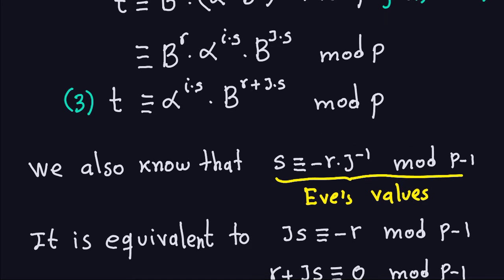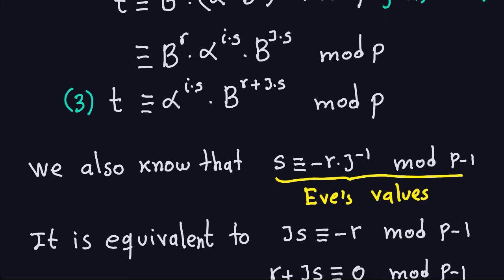From this modular equality, I'm going to multiply by j on both sides. Then here the j is going to cancel. I'm going to have js congruent to negative r modulo p minus 1. Just multiply by the value of j here. And so I get this one.